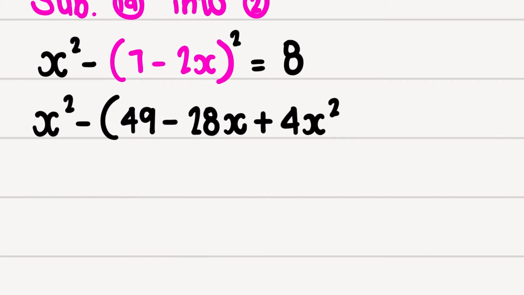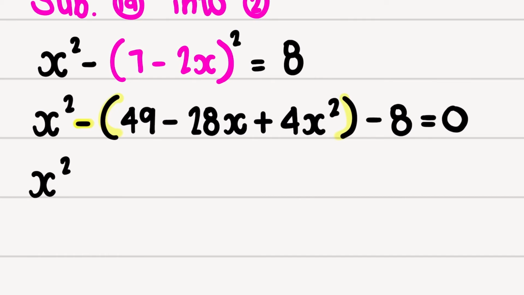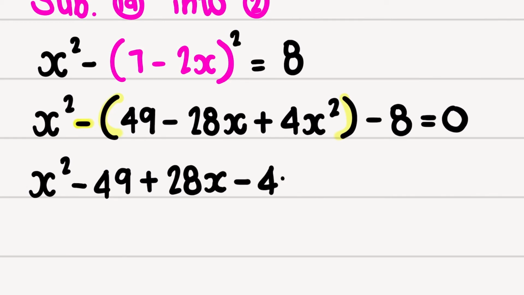And negative squared is a positive 4x squared. I'm just going to take the 8 across now because I need to have this in standard form. Now I'm going to distribute this negative sign into the bracket. So I have x squared minus 49 plus 28x minus 4x squared minus 8 equal to 0.